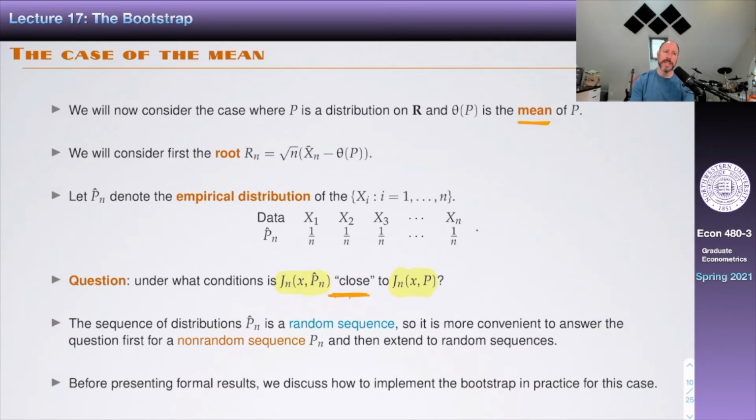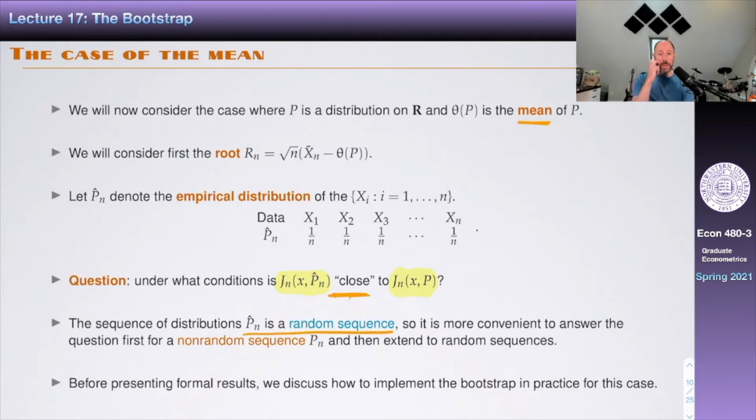One thing that makes the arguments complicated is the sequence of distributions P hat n. Now we're going to have observations that come from this distribution P hat n, but this distribution is random, okay? Because it assigns mass on random points.